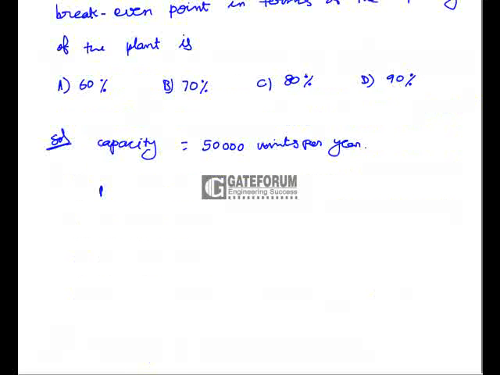Here the break-even point is given by fixed cost divided by price of the product minus variable cost. The annual fixed cost is 90,000 rupees, the price of the product is 20, and the variable cost is 18 rupees.